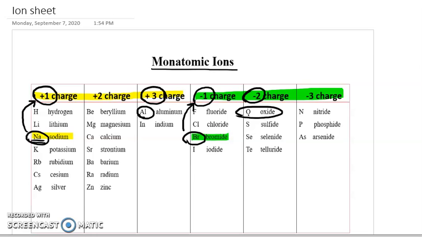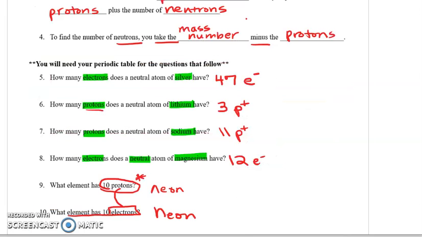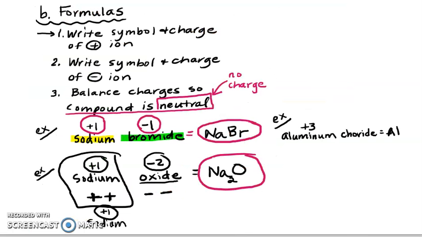So I look on my ion sheet, chloride is right here. It's Cl -1. So I'm going to write down Cl -1. So let's talk about balancing charges. This isn't going to work because the charge isn't 0. I have 3 positives and 1 negative.